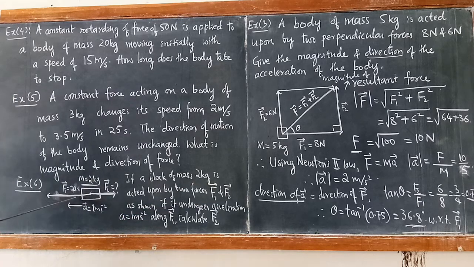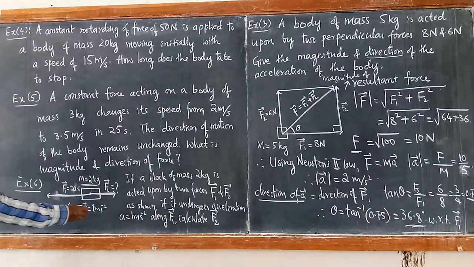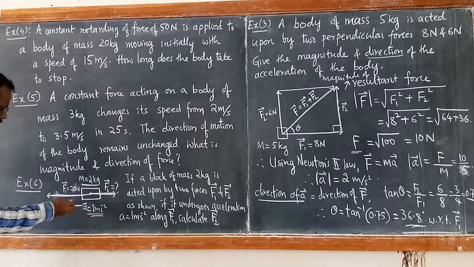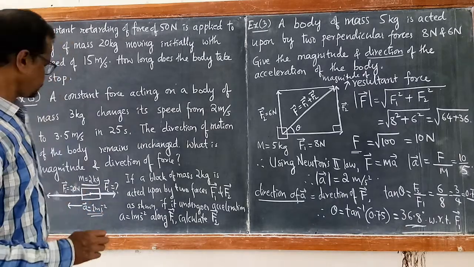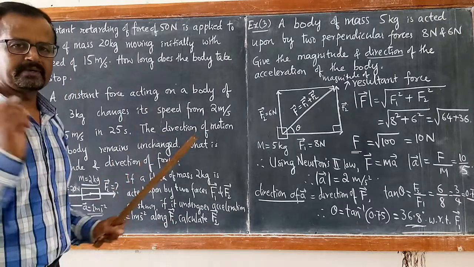F1 value is given as 20 Newton. If the block undergoes acceleration of 1 meter per second square along the direction of F1, find the value of F2.